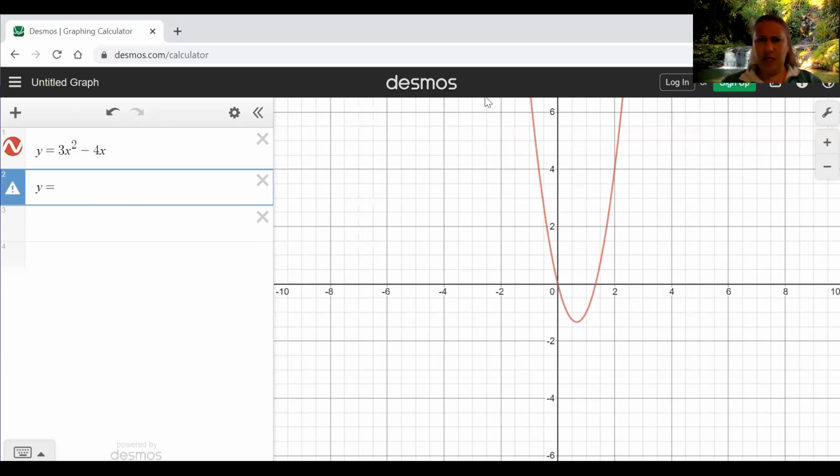Take a look. This does have a line of symmetry, but it's over here at about 1.2 or something. This is not symmetric with respect to the y-axis, so it can't be even. And it's also not symmetric with respect to the origin, so it's not odd. So this first one would be neither.